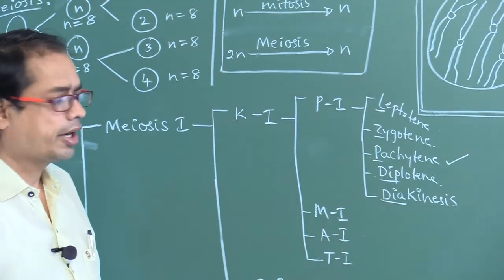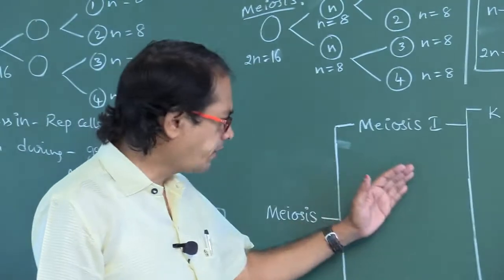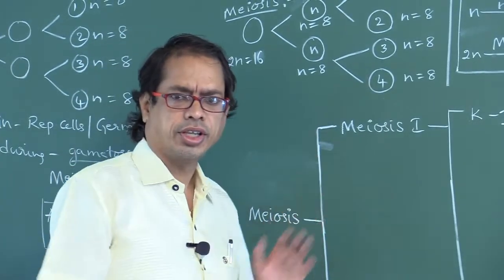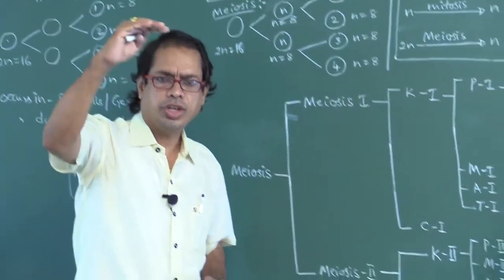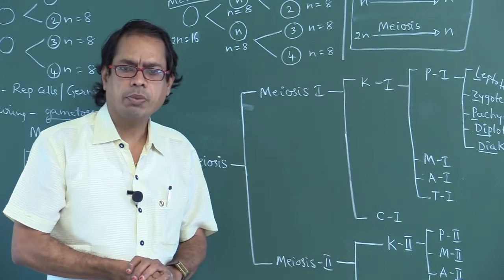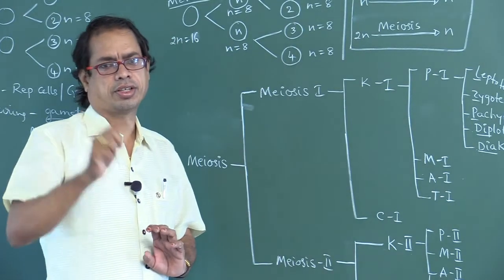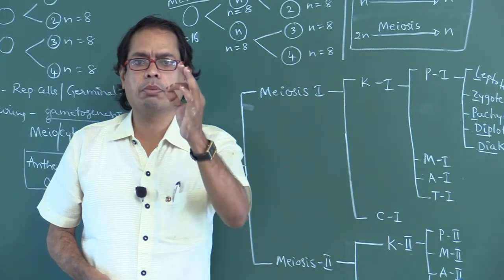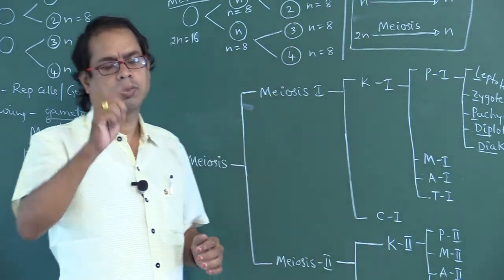Before meiosis, interphase occurs. Interphase means G1, S, G2. In which phase does DNA replication occur? S phase. Before mitosis also, interphase occurs, and in the S phase DNA replication occurs. How many times does DNA replication occur in mitosis? 1 time. In meiosis? 1 time.